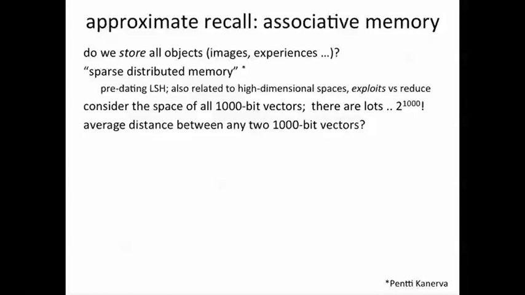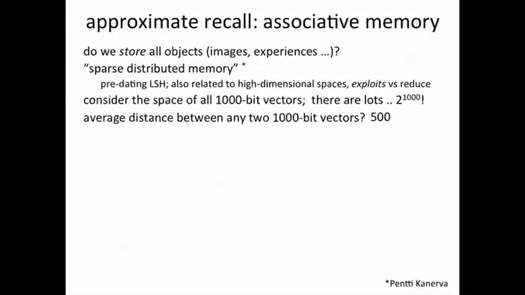What would be the average distance between these in terms of the number of bits in which they might differ? What do you think? Well, it's quite obviously 500, because on the average you would toss a coin to decide whether the two vectors differed from each other, and half the time they would and half the time they wouldn't. So in half the bits they would differ, in half they would be the same.